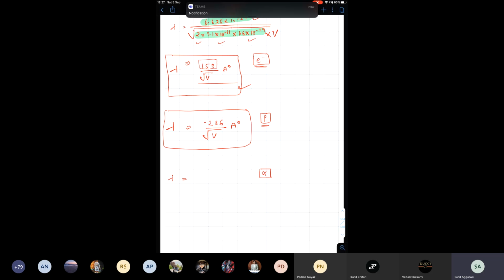Didn't I tell you this? Alpha particle has double the charge of proton and 4 times the mass of proton. I gave you this in the basic subatomic particles. So there it will become this.